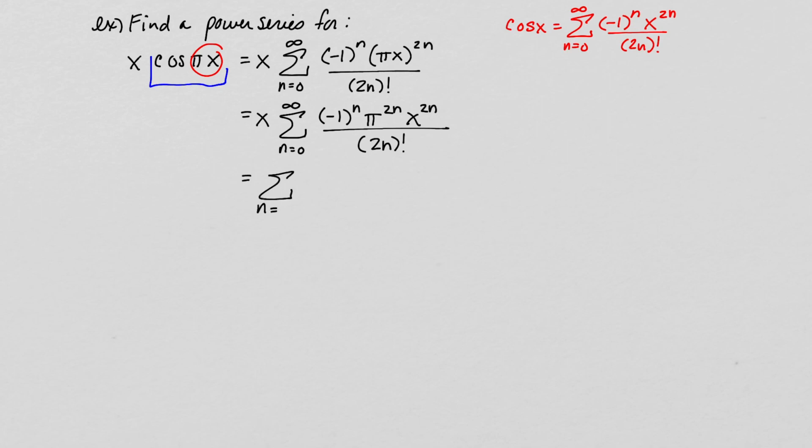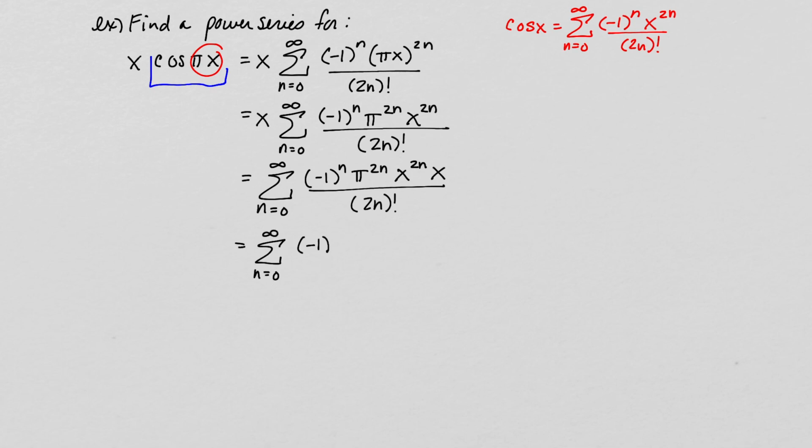So the summation n equals 0 to infinity, negative 1 to the n, pi to the 2n, x to the 2n times another x, all divided by 2n factorial. So this is going to be the summation n equals 0 to infinity, negative 1 to the n, pi to the 2n, x to the 2n plus 1, all over 2n factorial.